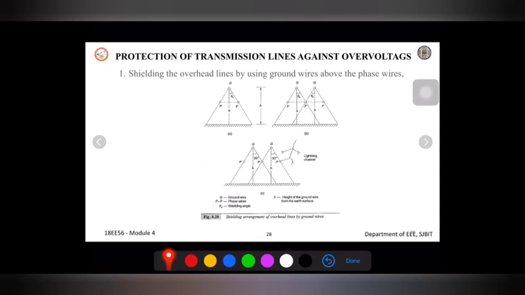This is for a single circuit. If you take a double circuit, where we have three phases, you can see three phases P, P and P here. In these cases the tower will be in a different shape, a double tower, right? Once again we have grounding in this way, and the shielding angle is given here.